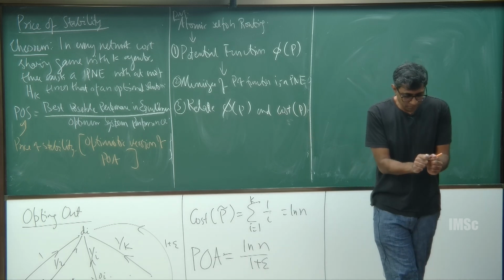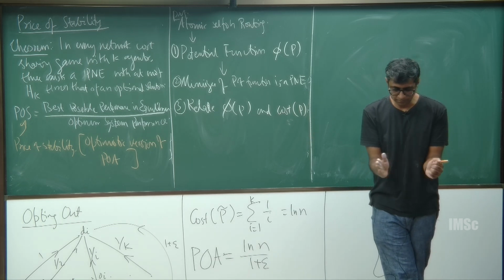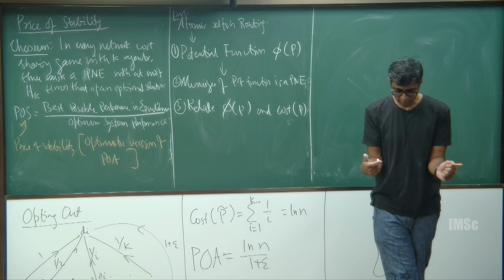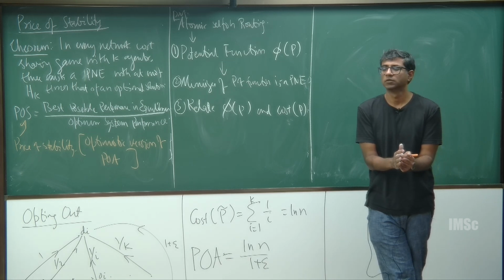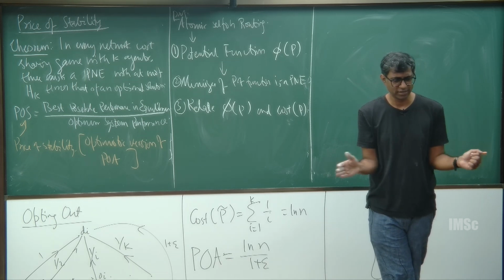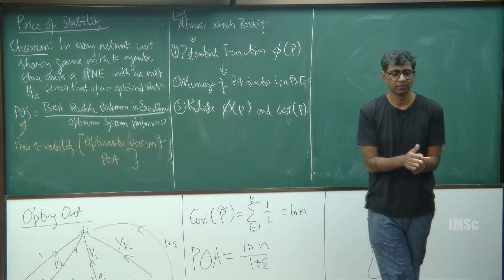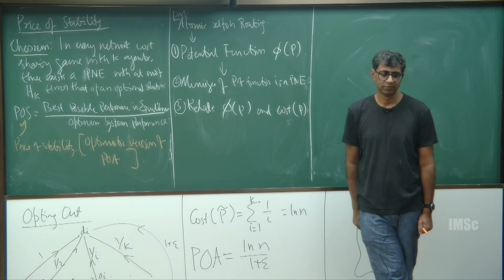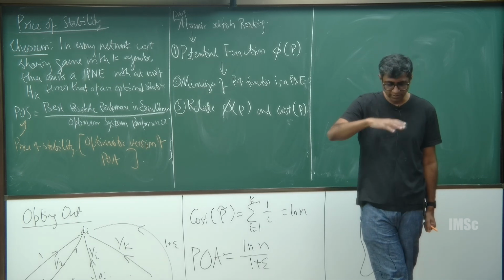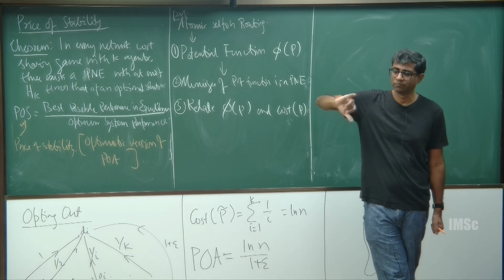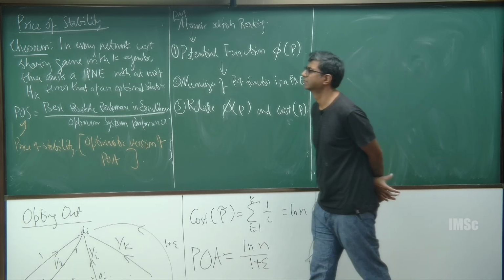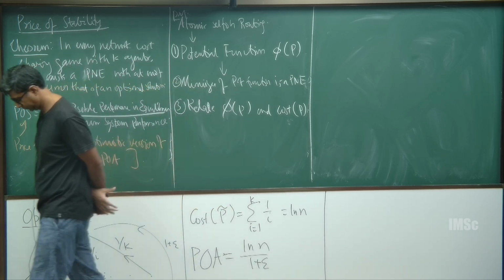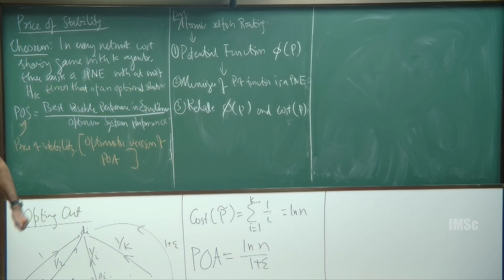What is that called, the gap between LP and ILP? You solve LP and then ILP, what is it called? The rounding gap, right. You take the LP and round it to ILP.